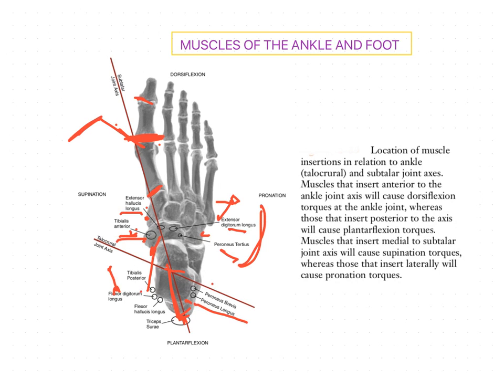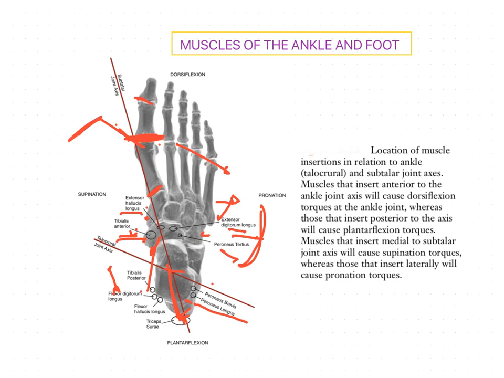The extensor digitorum longus also helps in extension of the MTP joints of the lesser toes. These are the main functions of these muscles. So these are all about the extrinsic muscles of the ankle and foot.